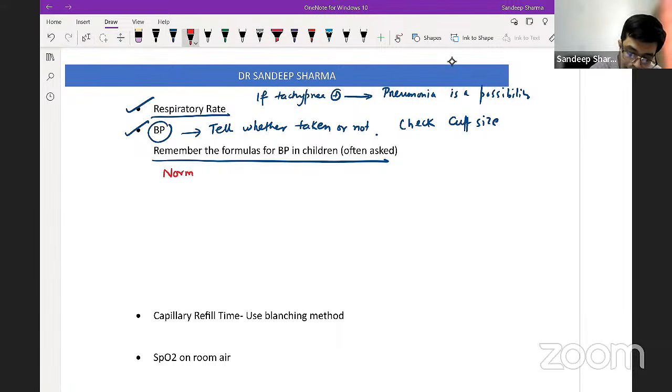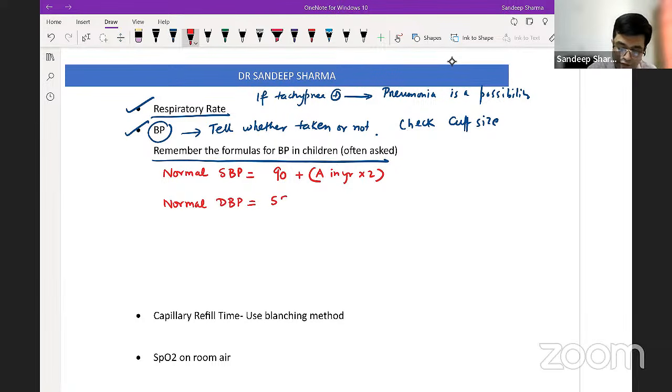Normal systolic BP in a child is given by the formula 90 plus age in years multiplied by 2. Normal diastolic BP in a child will be 55 plus age in years multiplied by 2.